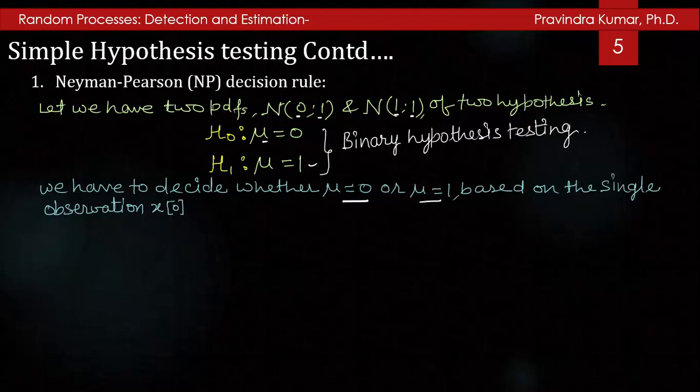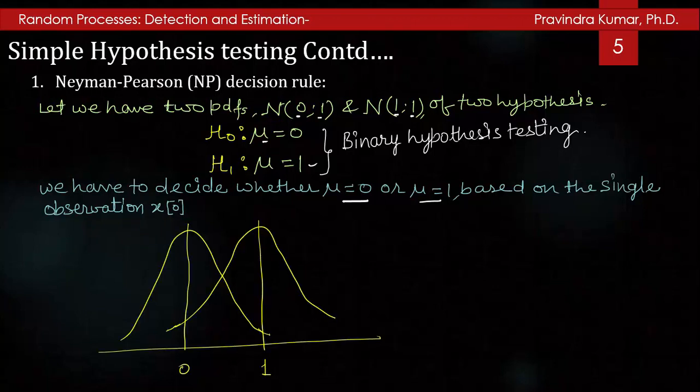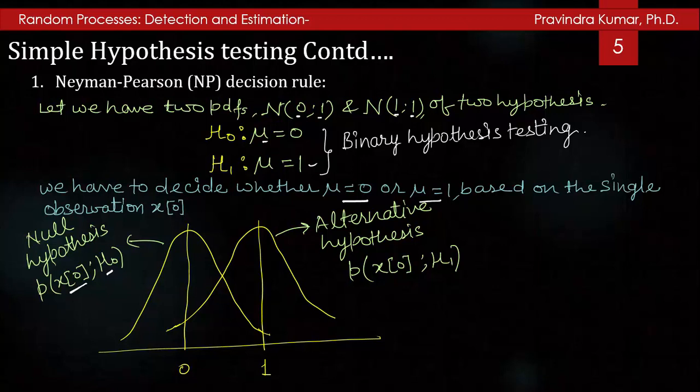This hypothesis testing is known as binary hypothesis testing, where H0 refers to the null hypothesis and H1 is the alternate hypothesis. The PDF under each hypothesis, along with the probability of the hypothesis testing error, is shown in this figure. This is the probability of the observed data when H0 is given, and this is the probability of the observed data when H1 is given, and this is the threshold 1/2.